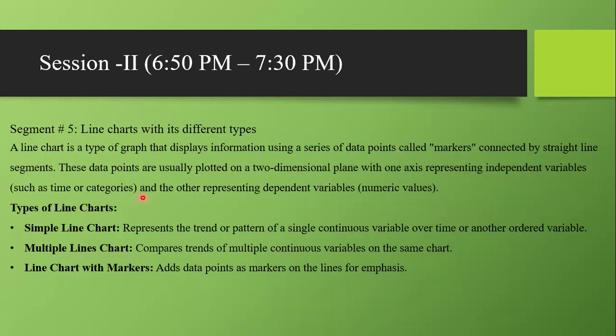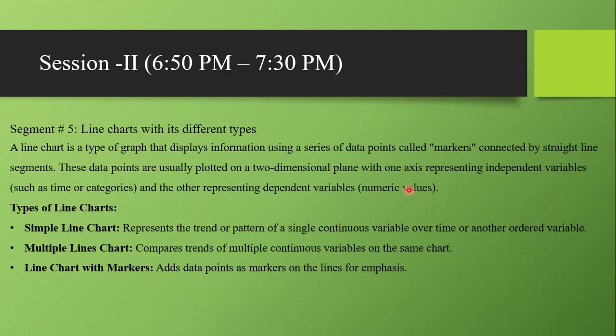So we need to have the independent variable in terms of categories or in terms of time, and we need to have the dependent variable in numerical values. It means that the type of the data in case of both variable should be different. In case of independent variable, the type of data needs to be a time variable or categorical variable, and in case of dependent variable, it should be the numerical values.